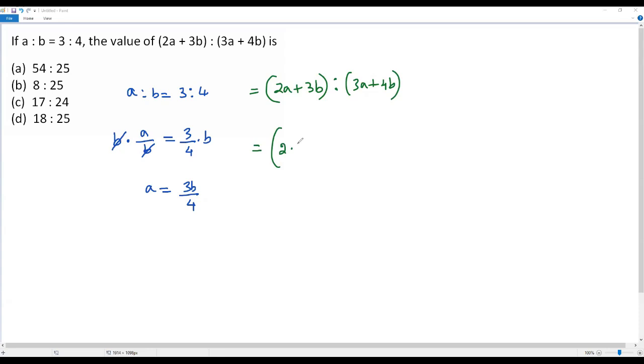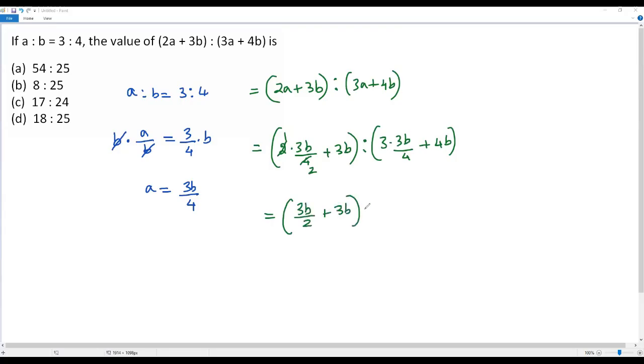So 2 times 3B over 4 + 3B, and here 3 times 3B over 4 + 4B. Here 2 goes into 2 one time, 2 goes into 4 two times. Then I get 3B over 2 + 3B. And here I can multiply 3 and 3B, then I get 9B over 4 + 4B.